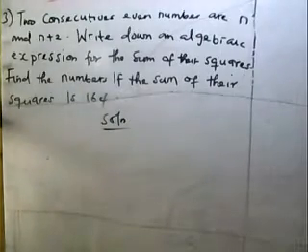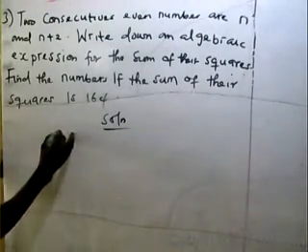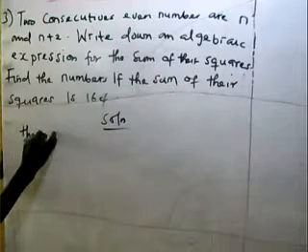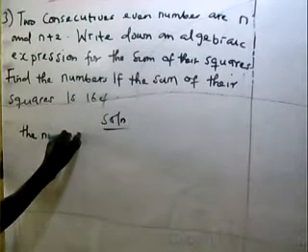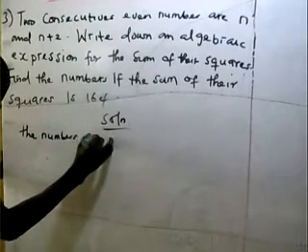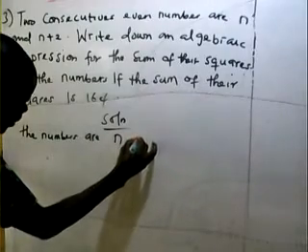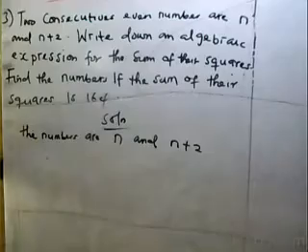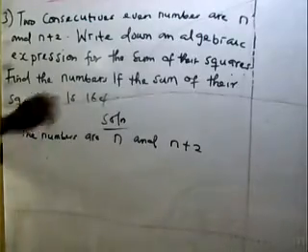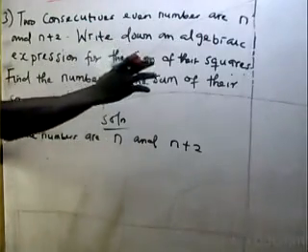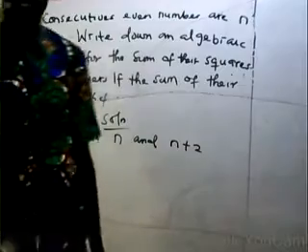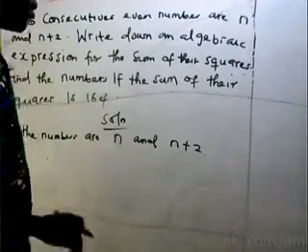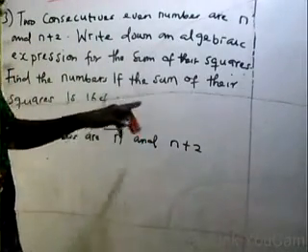Now, the numbers are n and n plus 2, right? So we now want to write down the sum of their squares. Please, you have to get that statement right.